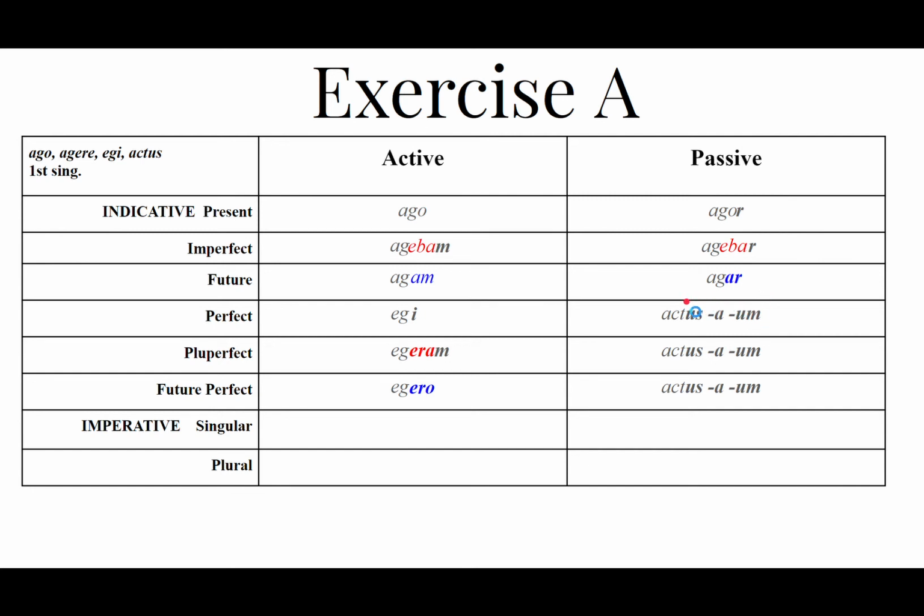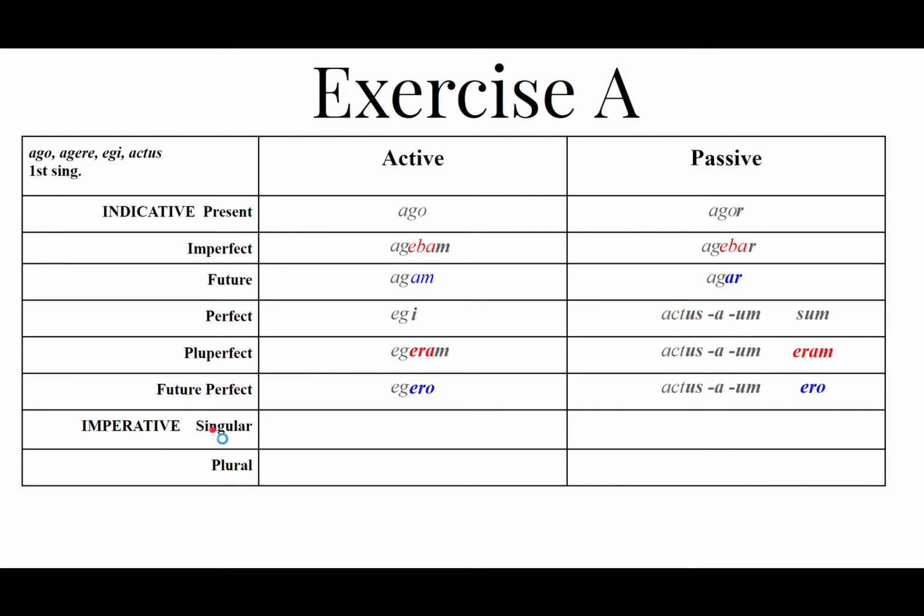But here it's singular, so actus, acta, actum. And then add the appropriate helping verb: sum, eram, ero. Actus sum, acta sum, actum sum, actus eram, and actus ero.